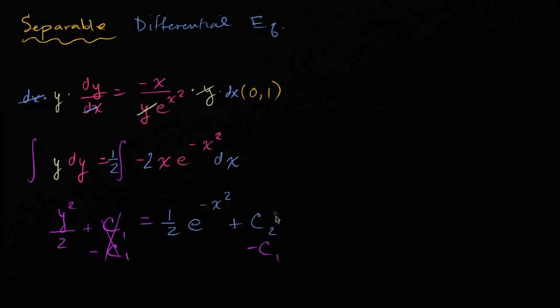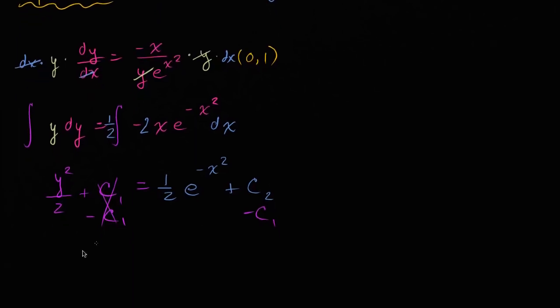We don't know what they are yet, and so we could just rewrite this as, on the left-hand side, y squared over 2 is equal to, on the right-hand side, 1/2 e to the negative x squared, and I'll just say C2 minus C1, let's just call that c.